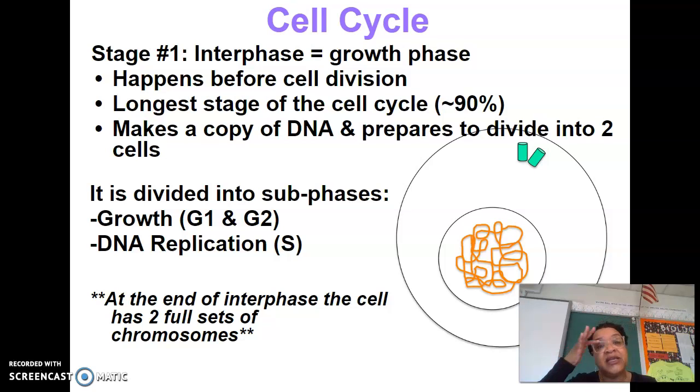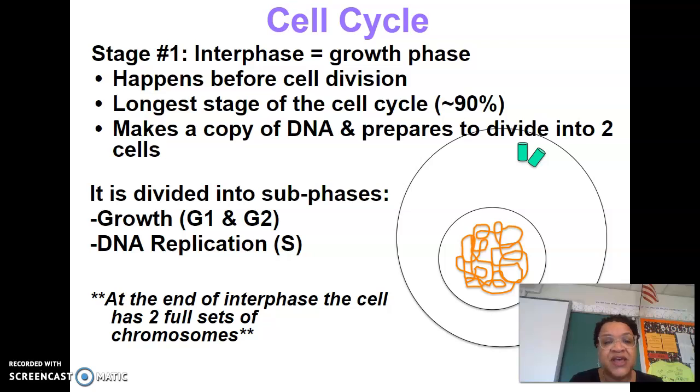So the cell cycle again, interphase is the growth phase. Interphase occurs before cell division. Cell division is mitosis, so it occurs before mitosis. Interphase is the longest stage of the cell cycle itself. It takes up 90% of the time.